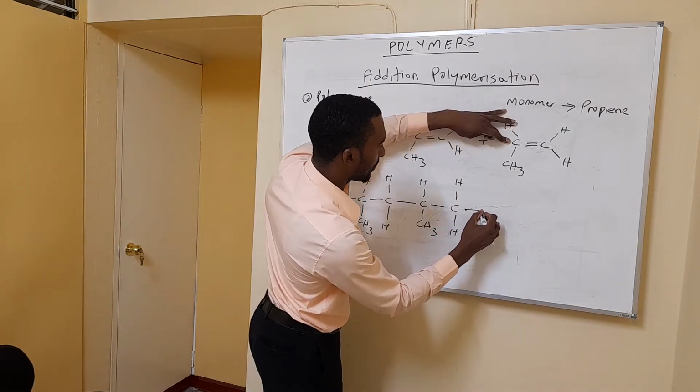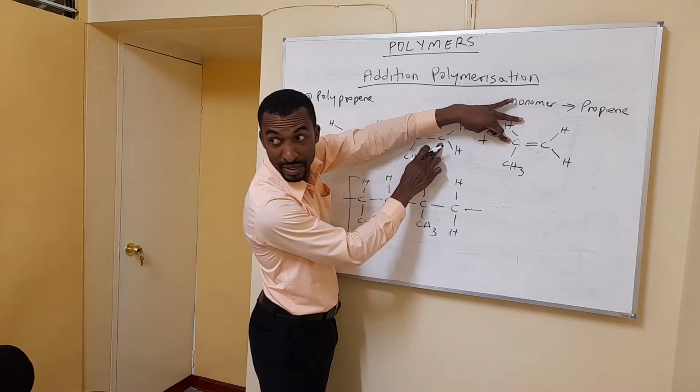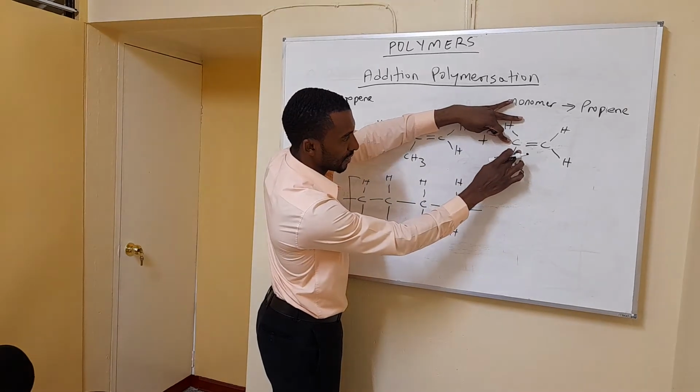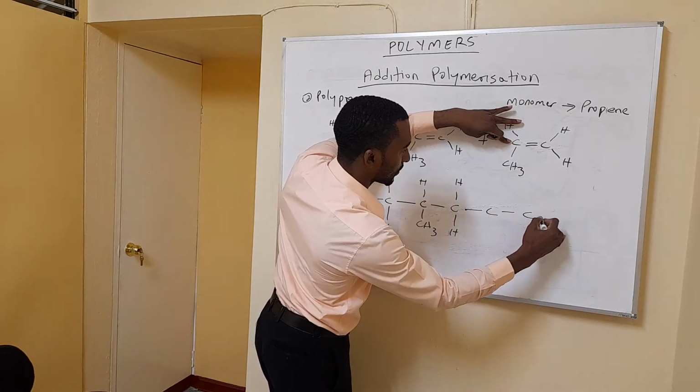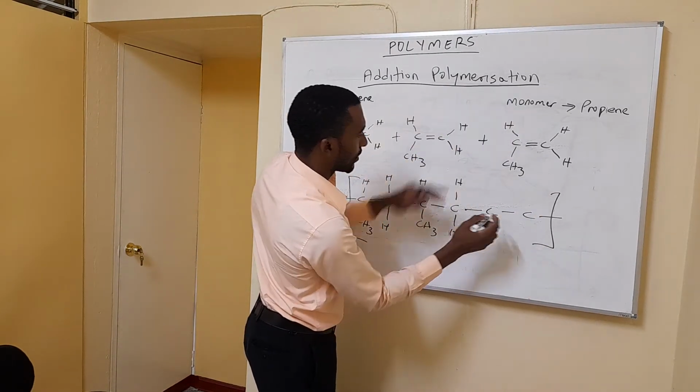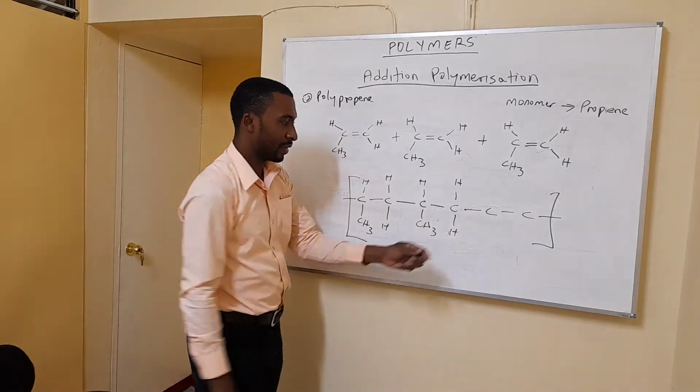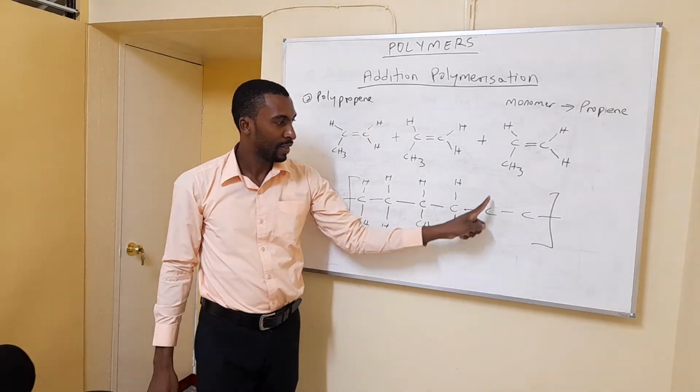Then we have this carbon, so now 1 electron from this carbon atom is going to bond with 1 electron from this carbon atom from this double bond, right? So, if you're following, what should be here and here?